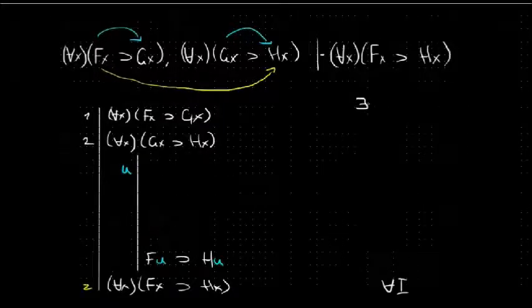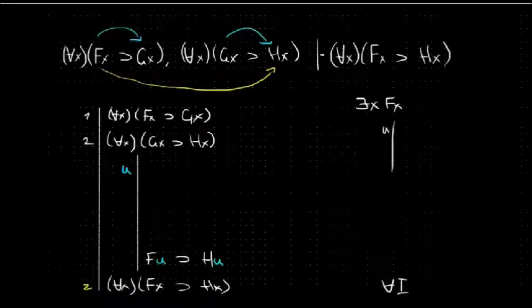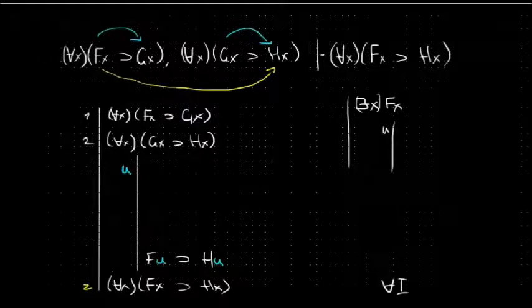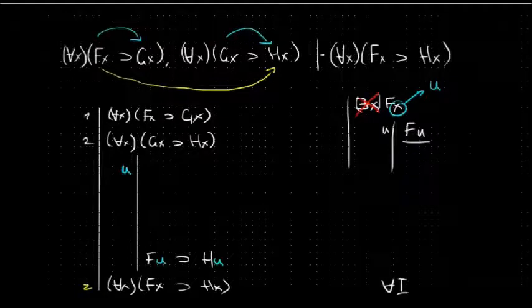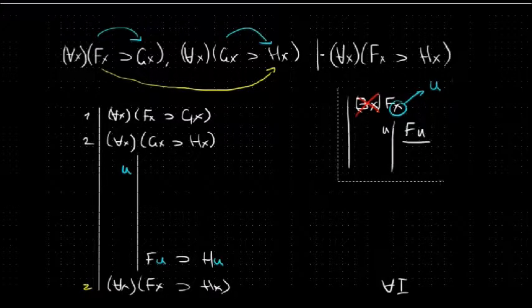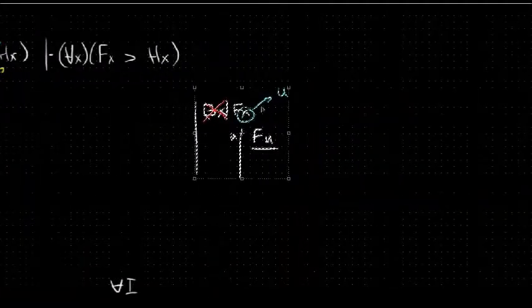So remember, in our existential elimination, we go, say, exfx, and on our parameter bar, we take off the existential quantifier, and then we swap all the x's for u's. Okay, so we end up with fu, that assumption. Well, now we're going to do the exact opposite of that. Let's just move that out of the way.